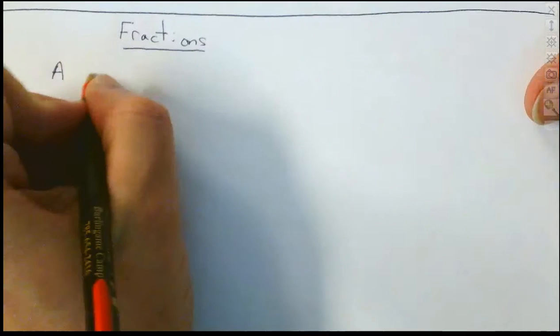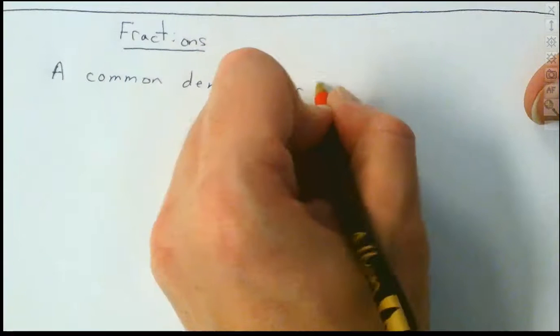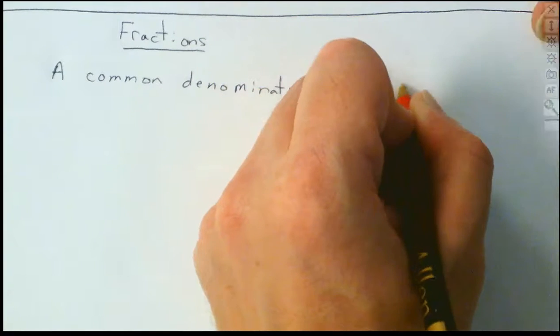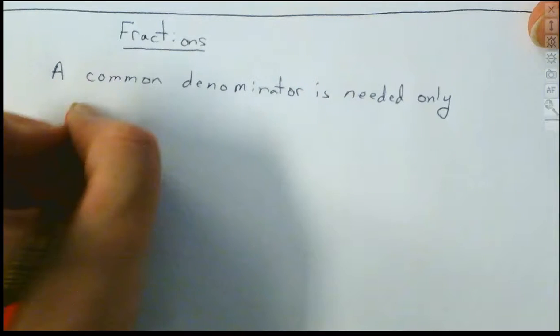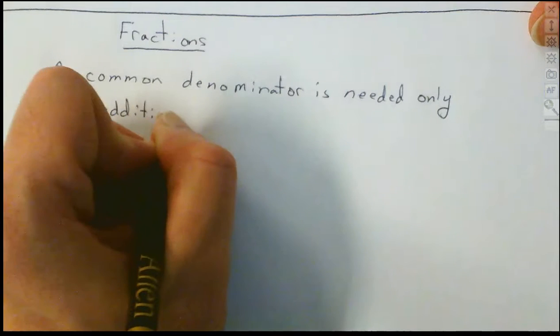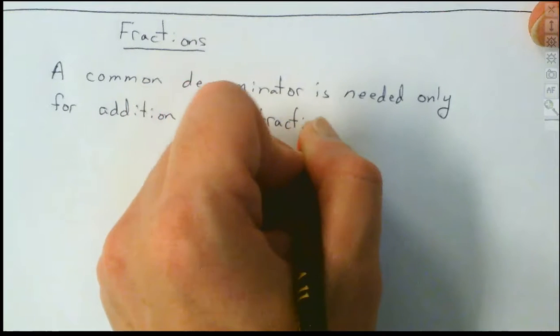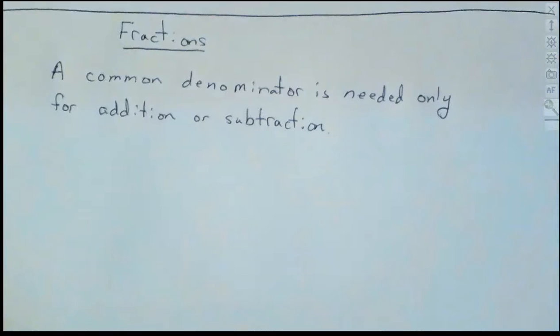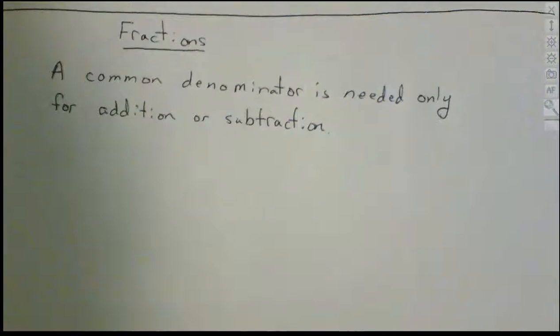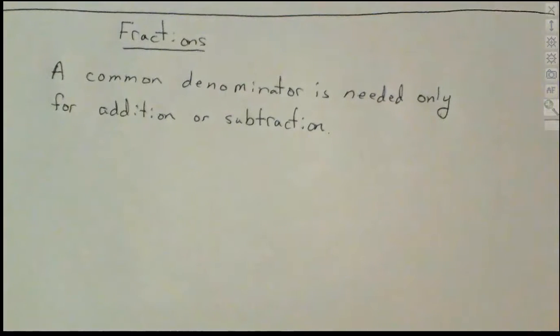So a common denominator is needed only for addition or subtraction. So we don't have to get a common denominator until we do our addition and subtraction. Once we've done our addition and subtraction, then if we have to multiply something later on, we don't have to get it again.